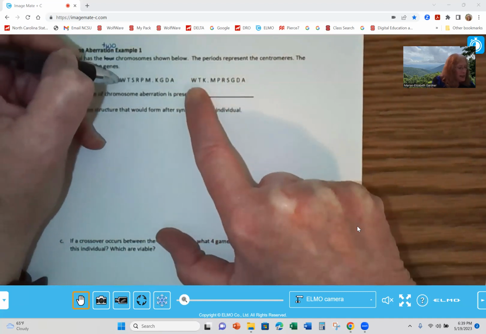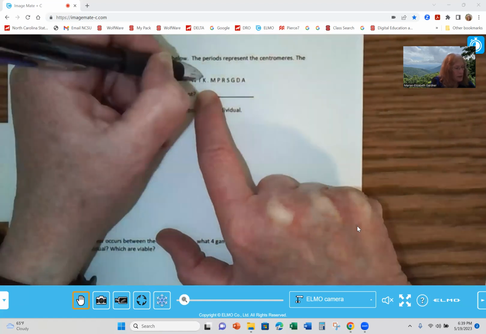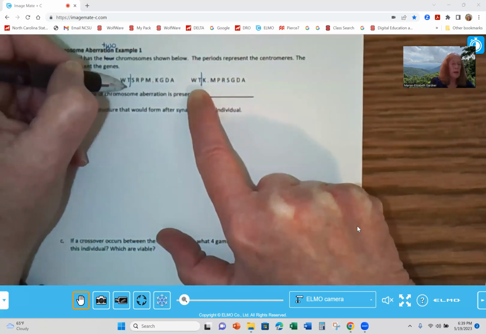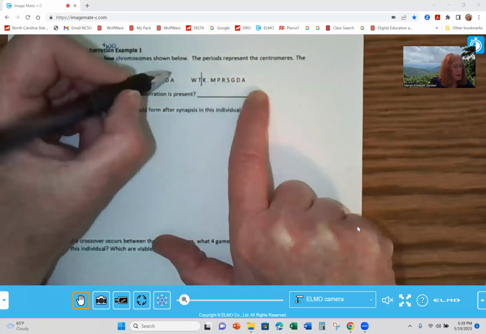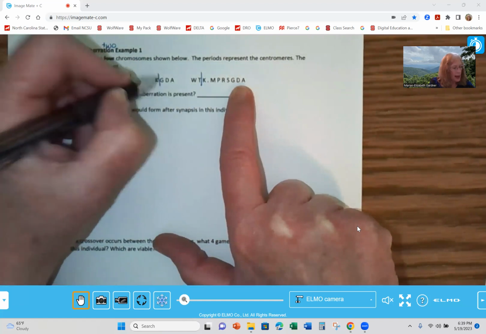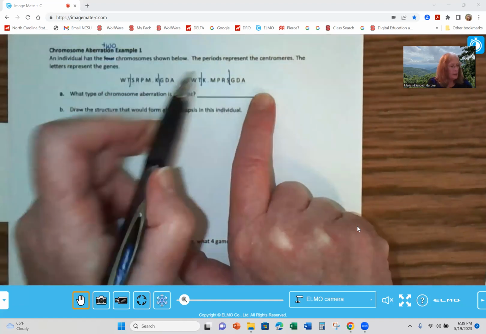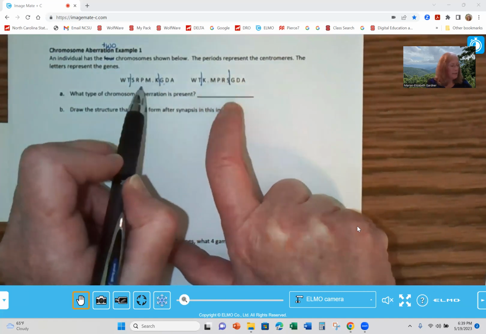If I start at this end, it goes WTS on that one and WTK on this one. So the first part's the same, and then it gets different. Let's start from the other end. It goes ADG, then either K or S. So the part at the very end, again, is the same, but then this part is different.